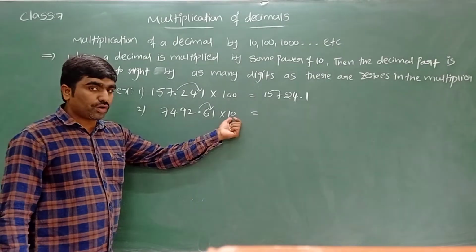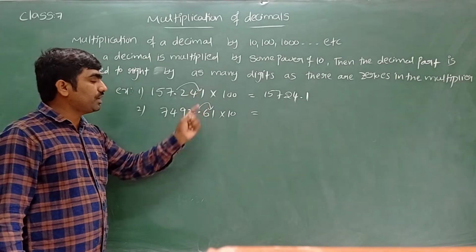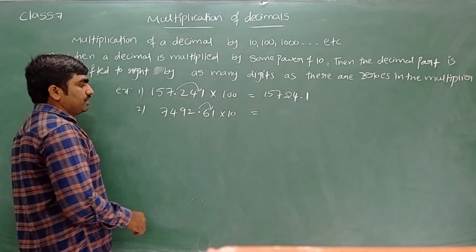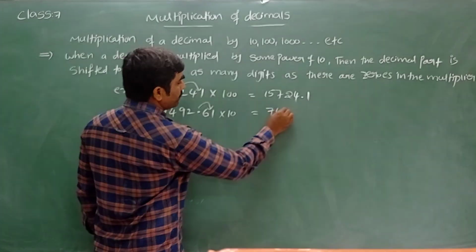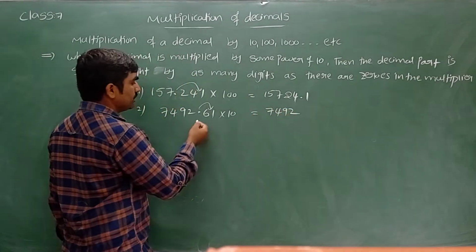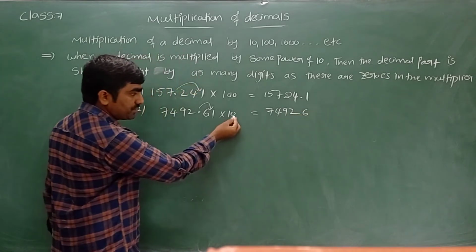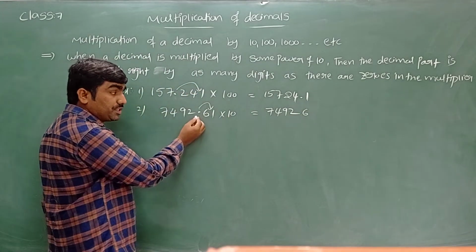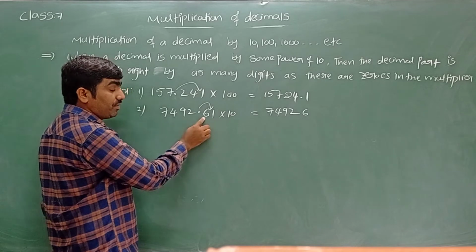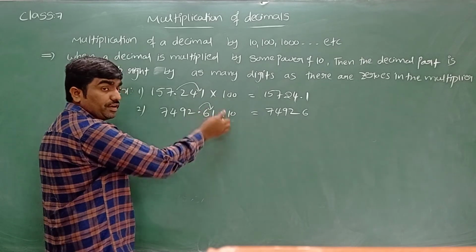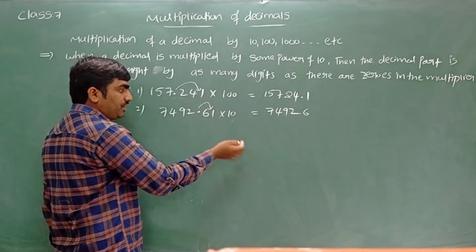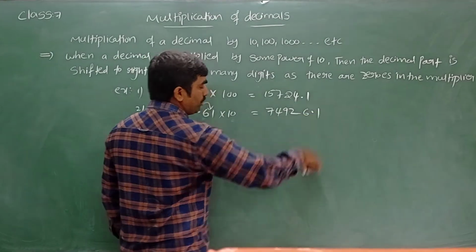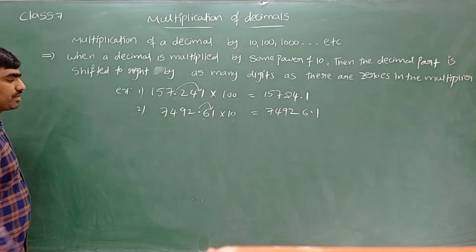Here I can see 1 zero, shifted to the right side after only 1 digit. How can I write it now? 74926.1. Because of this 1 zero, the decimal point is shifted to the right side, that too after 1 digit. Yes, that is the way you can multiply.